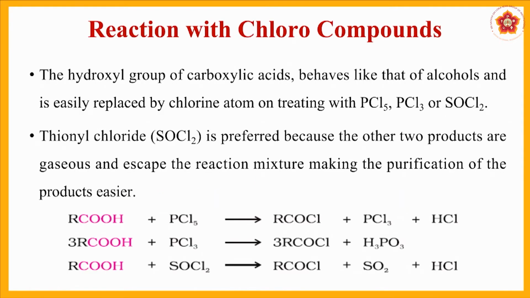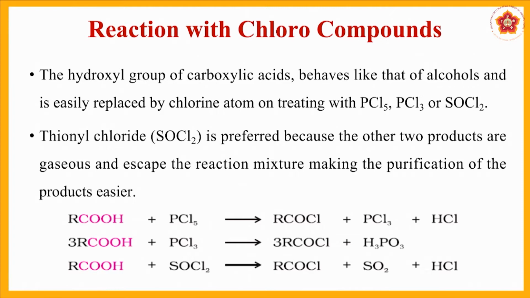Reaction with chloro compounds is the next set of reactions, and especially at the bottom end, I am sure you will be able to remember a similar reaction that you had studied in the alcohols chapter. In fact, you had studied this in the preparation of haloalkanes chapter.